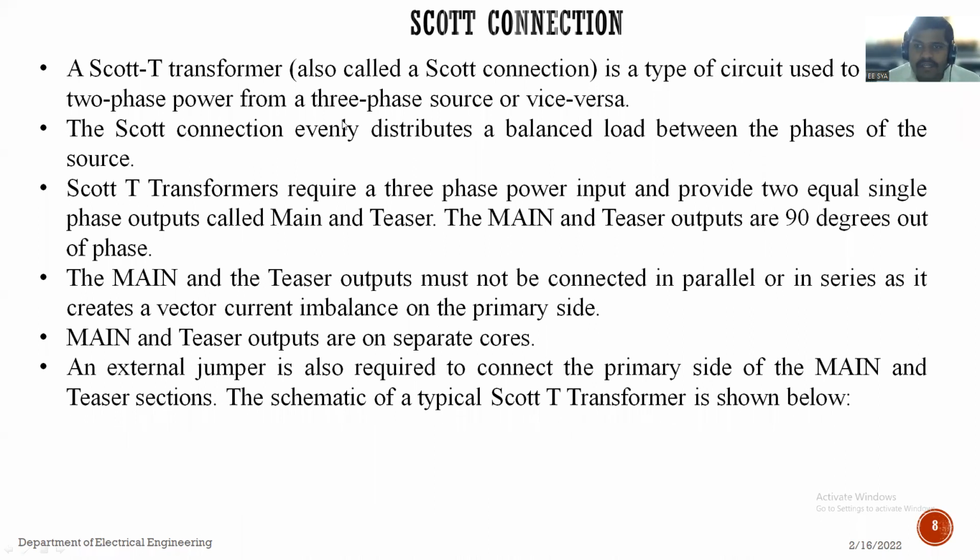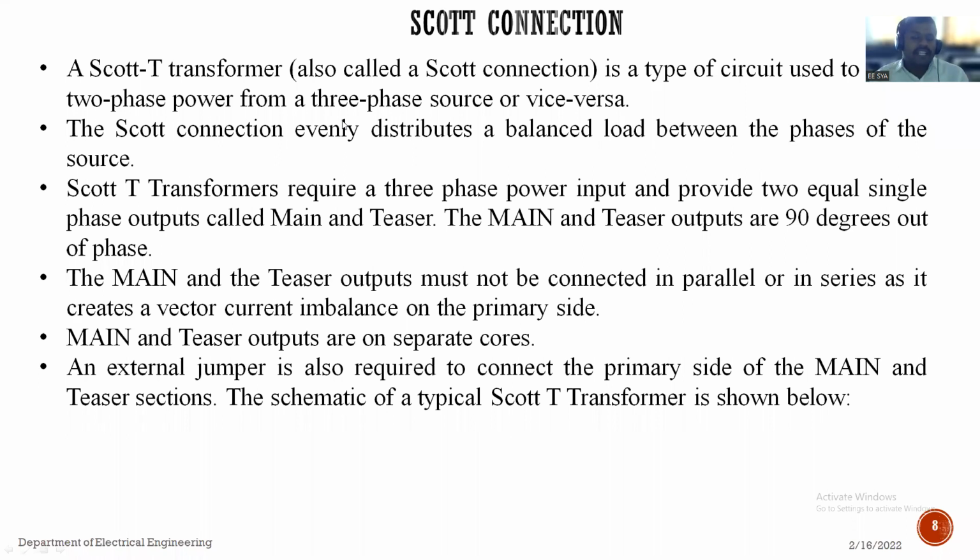One transformer acts as the main transformer, and one acts as the teaser transformer. These two transformers are not magnetically connected to each other, but they are electrically connected to each other.